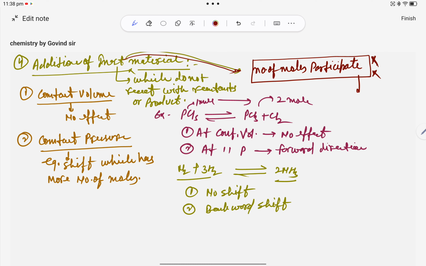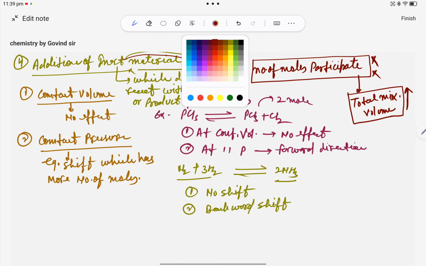But children, what happened? The total mixture volume will increase, because if you add inert material, the total mixture volume increases.